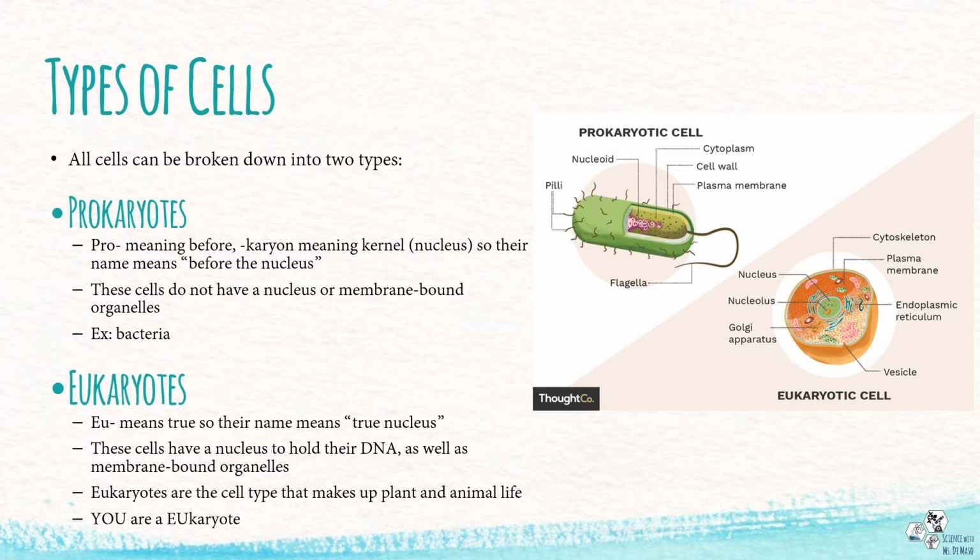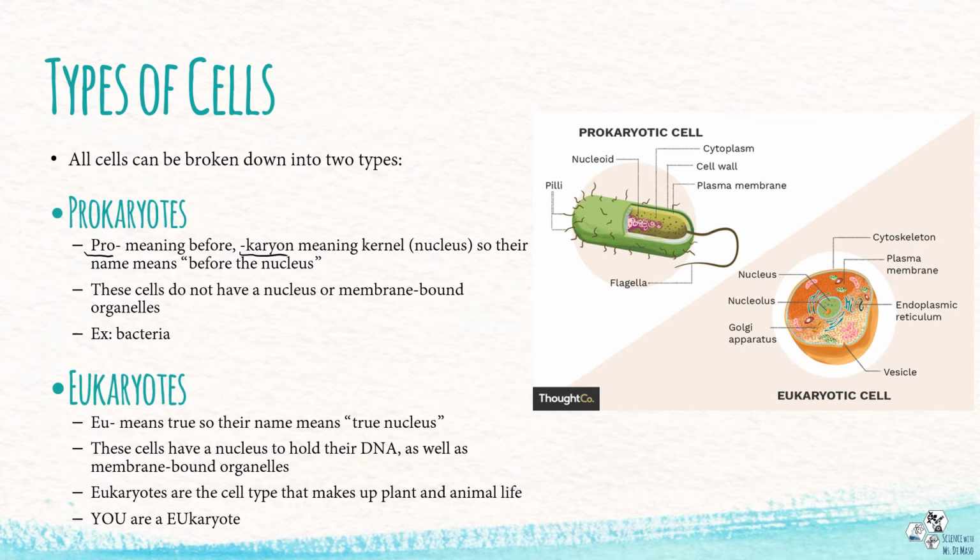If you want to break down the word, pro means before, and karyon, it's a Greek word meaning kernel, which essentially we take to mean the nucleus. So these are before the nucleus cells, like simplistic cells, one might say, even though they're very far from being simple.